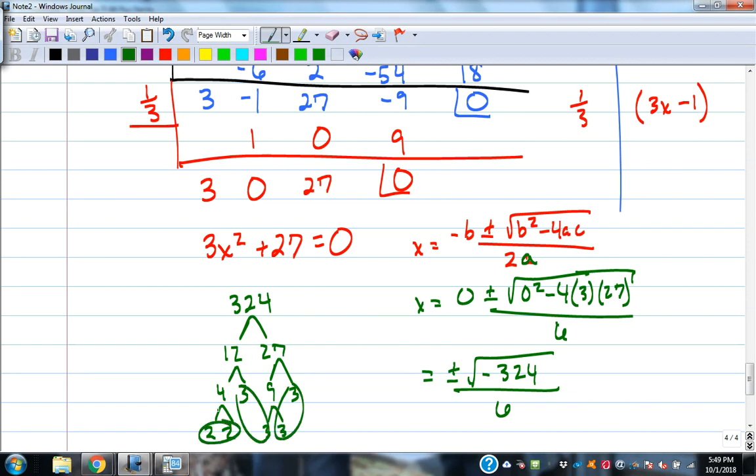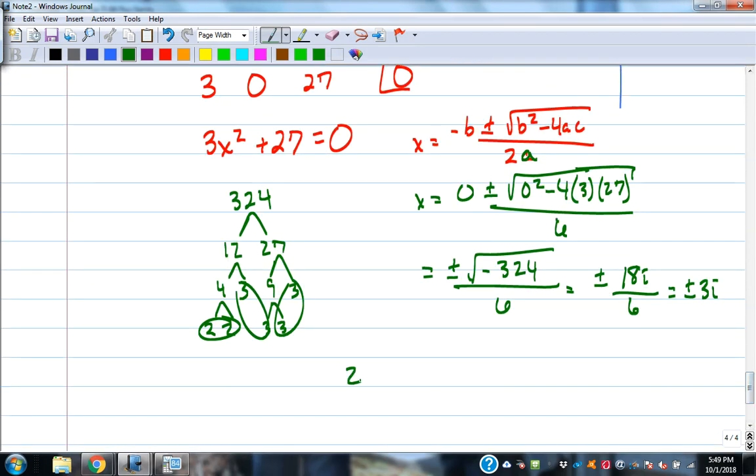Oh, this just works out to be a nice perfect square. A pair of 2s, a pair of 3s, and a pair of 3s. So that's 18i over 6, plus or minus 3i. So my zeros, my x-intercepts, are at negative 2, 1/3, and plus or minus 3i.